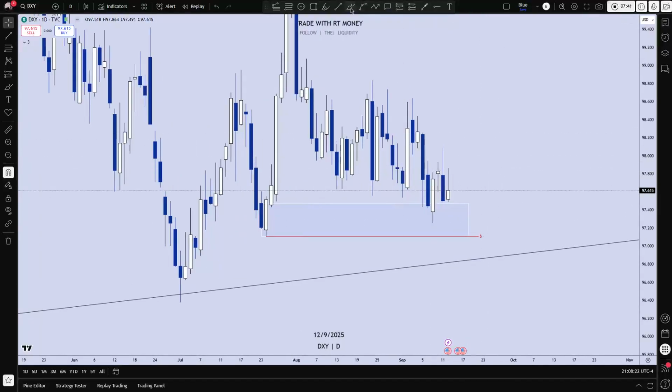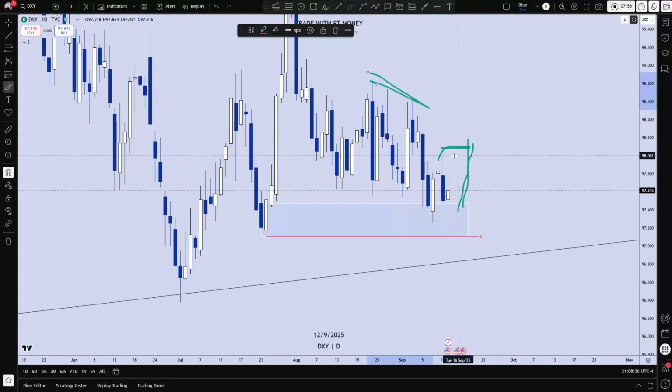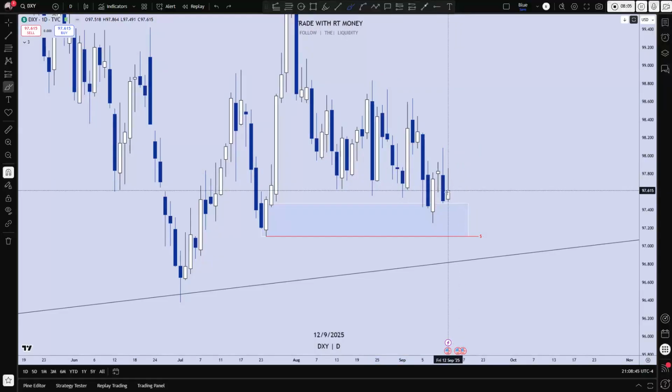In order for prices to go down, usually you see it go up first. In order for prices to go down, it goes up first for manipulation, for liquidity. We could be going for this high, maybe these highs in the next couple of days before Wednesday. That's what I'm going to be looking for, that manipulation.